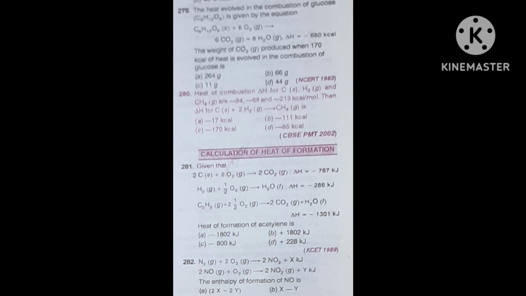Just think, it will take hardly 30 seconds. Within 30 seconds you can solve it. After that I will tell you the correct answer and how to solve it with explanation. Just think.